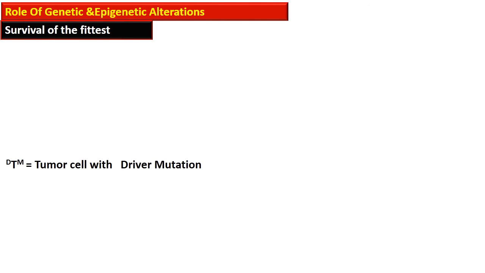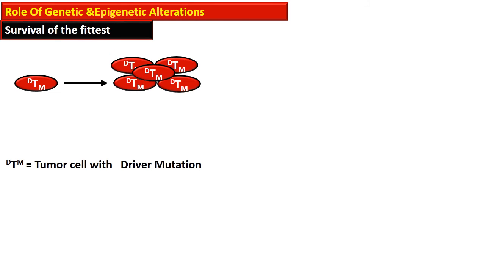Once established, the tumor will follow Darwinian selection, or the survival of the fittest theory. When there is a driver mutation in a cell, and a clone is formed by this driver mutation, there may be some apoptosis of the cells that form a clone of the tumor cells.